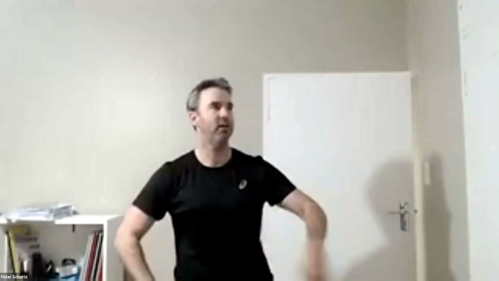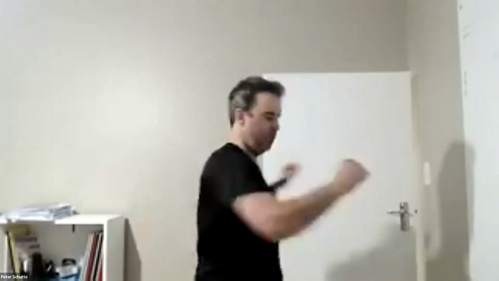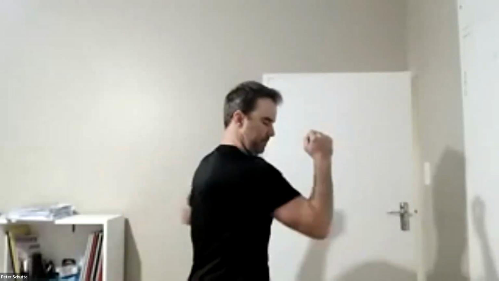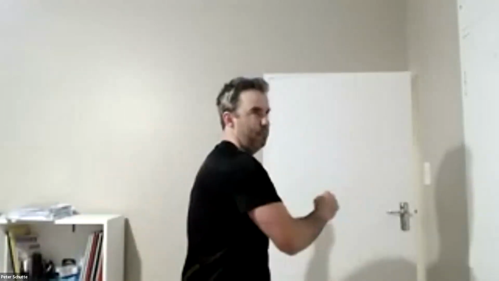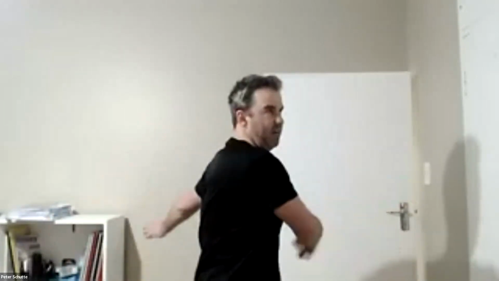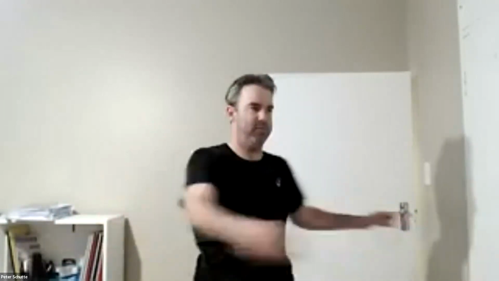There we go. Shake your arms, shake your legs. There we go. Twist a little bit. Take some nice deep breaths, whatever helps you to unwind. You don't have to do exactly what I'm doing.